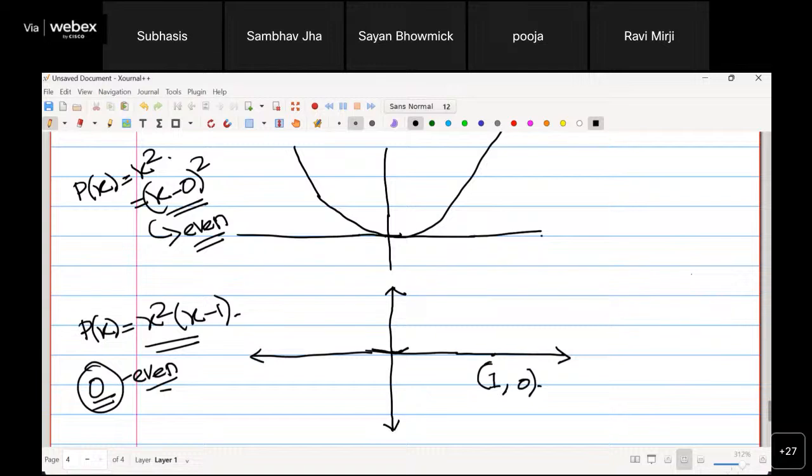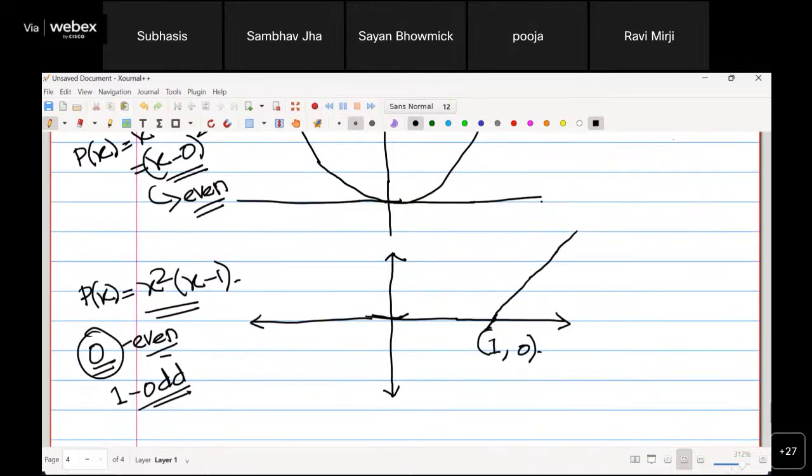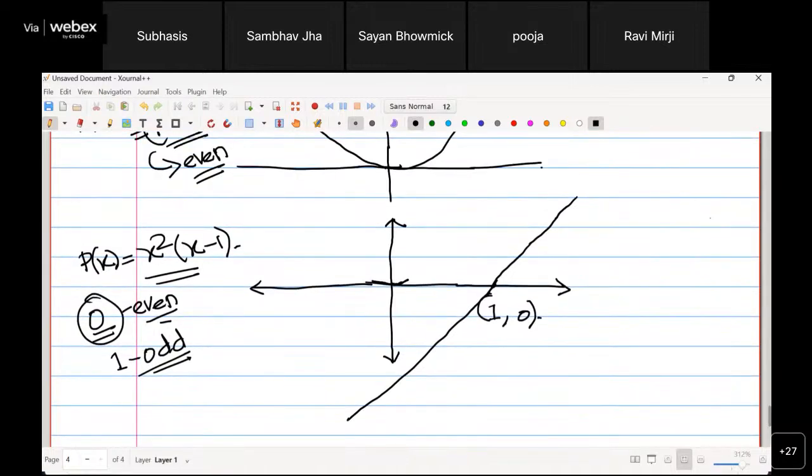So first of all, it will come like this. Again it will cross this 1 comma 0, because multiplicity of 1 is odd. Then again it can't go like this, because it has one more root, that is 0.